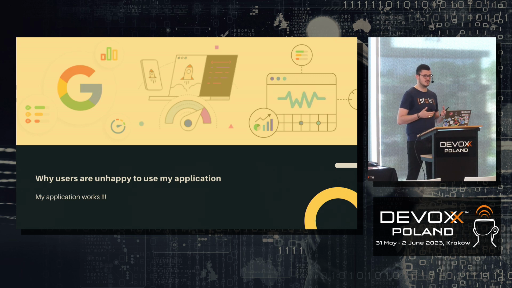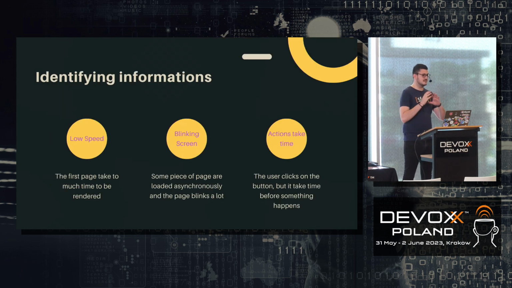And the last one is, your application is totally buggy. But this doesn't make sense because all the integration tests pass. In fact, when the user clicks on the button, the result of this interaction takes too much time to be displayed.